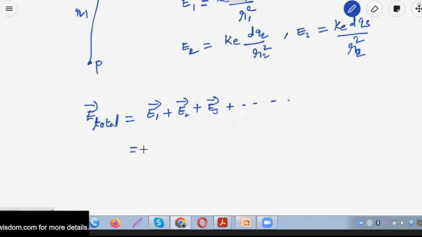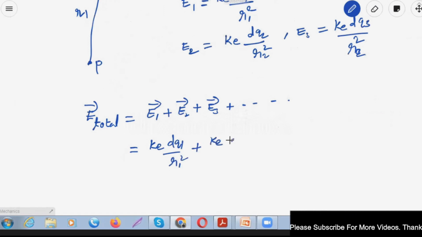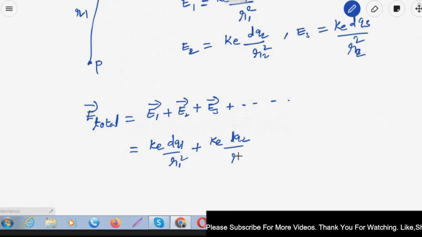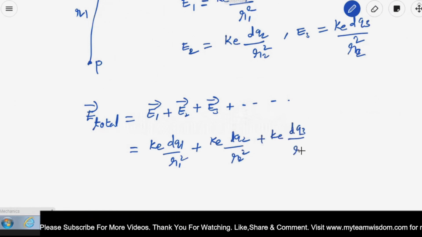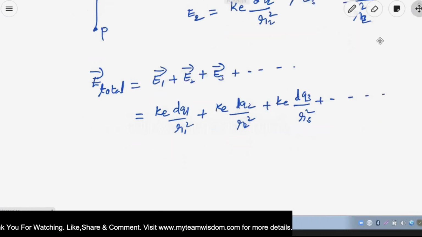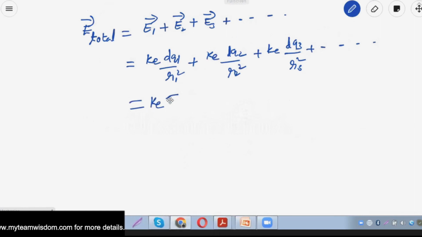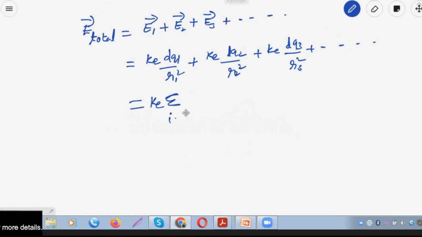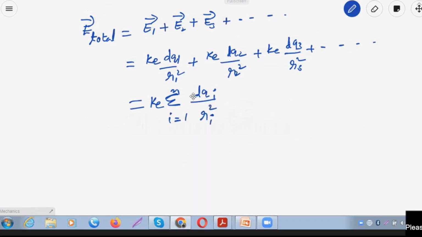That means KE into dq1 by R1 squared plus KE into dq2 by R2 squared plus KE into dq3 by R3 squared plus and so on. We can write this as KE into sigma, i runs from 1 to n, dqi by ri whole squared. Can I write it like this?